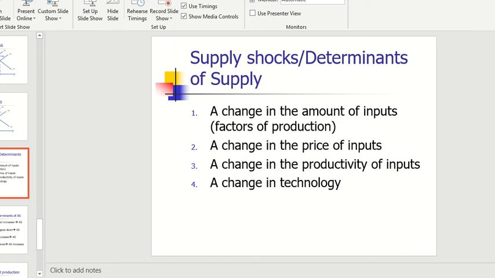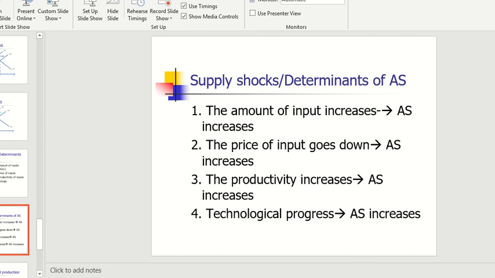It is likely to increase, right? As the price of raw materials drops sharply, the cost of production also goes down sharply. Holding everything else constant, firms or producers are more willing and able to produce more goods and services. In other words, as the price of input comes down, we are likely to observe an increase in aggregate supply.